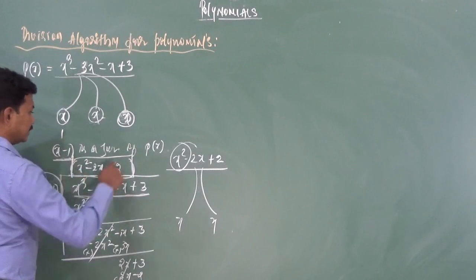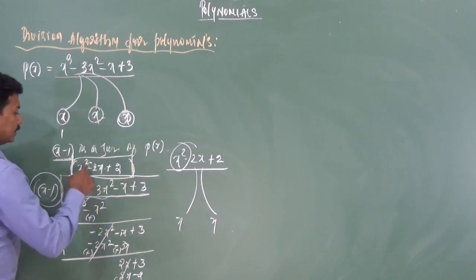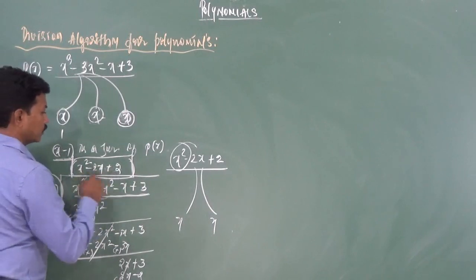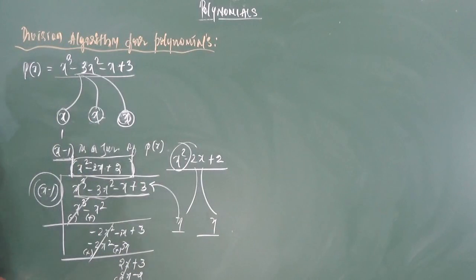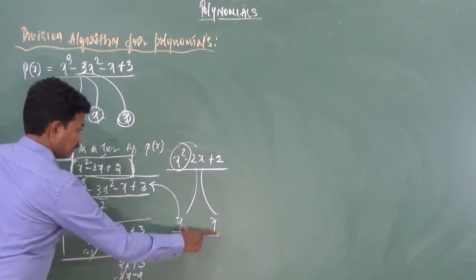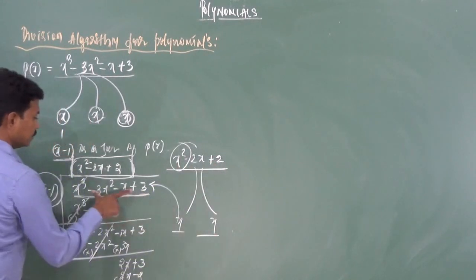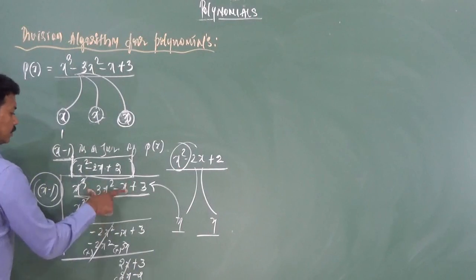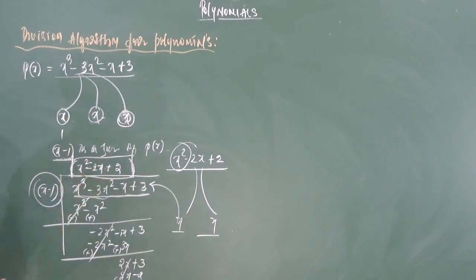So when you divide this polynomial by one of the zeros, those 2 factors of this quadratic polynomial are the other 2 factors of this cubic polynomial also. So now this cubic polynomial has 2 plus 1, that is 3 factors.